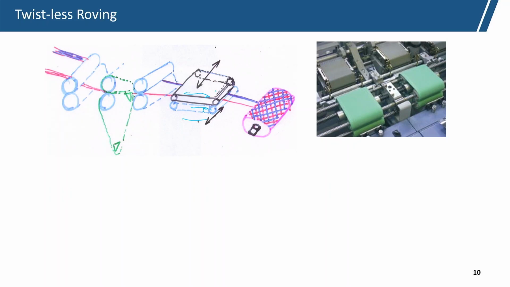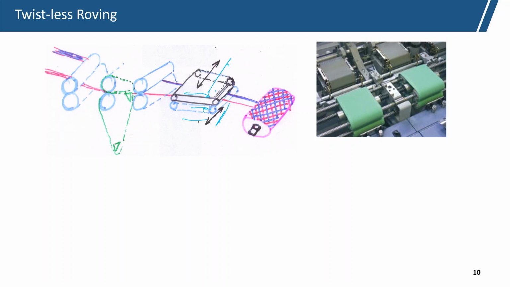At the same time, they also move in the other direction, at right angle, and they move to and fro, which imparts the false twist. There is no real twist.